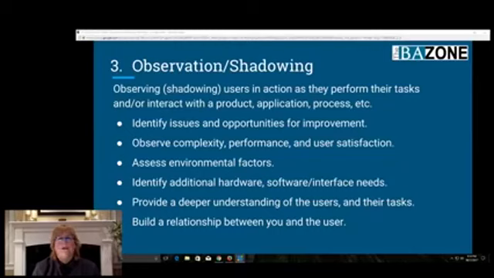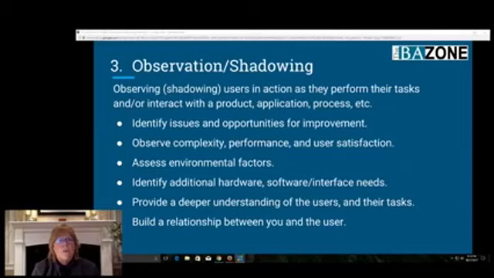You can identify additional hardware or even new hardware that they need. A lot of times the hardware is really old. Businesses just don't typically keep up with it, but it may be drastically affecting the way they do their jobs. So you can identify those types of hardware or software interface needs that might come up.